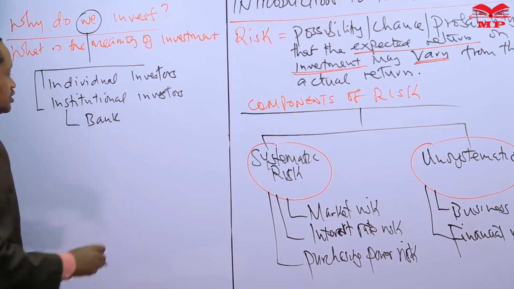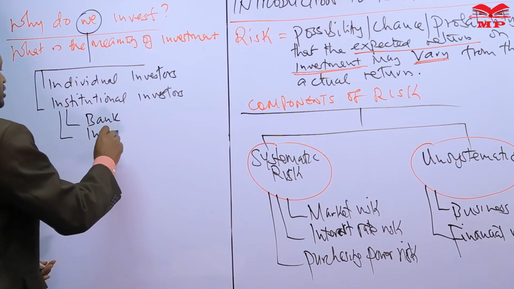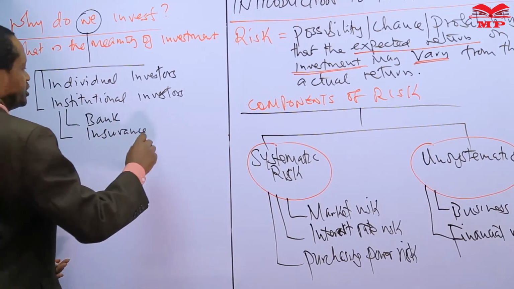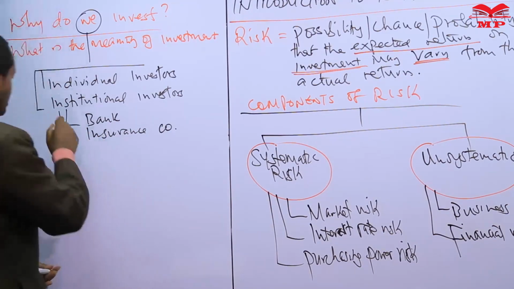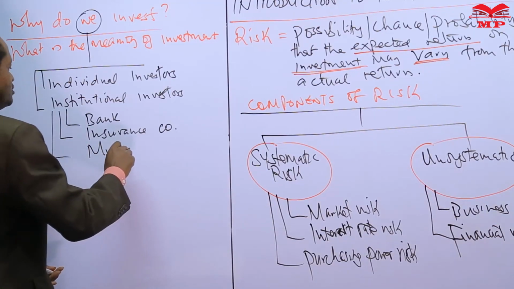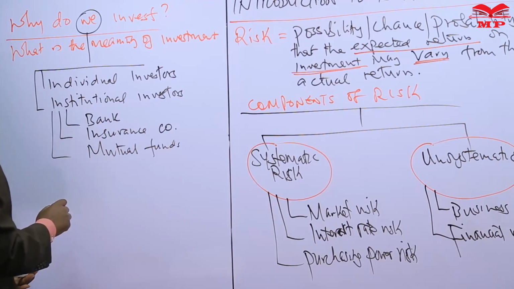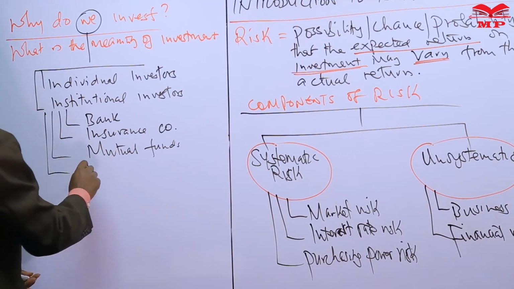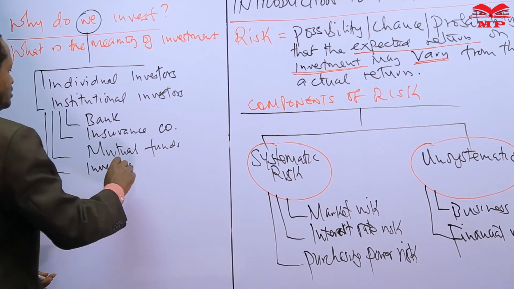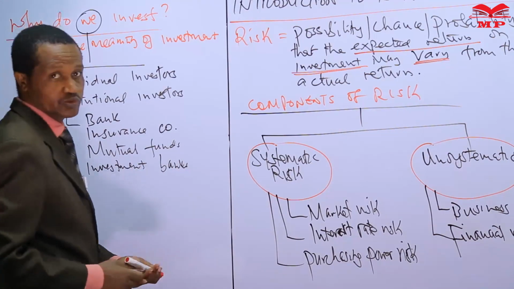Institutional investors, on the other hand, are institutions such as banking institutions, such as insurance companies, such as mutual funds. We may also talk of investment banks, and so on.